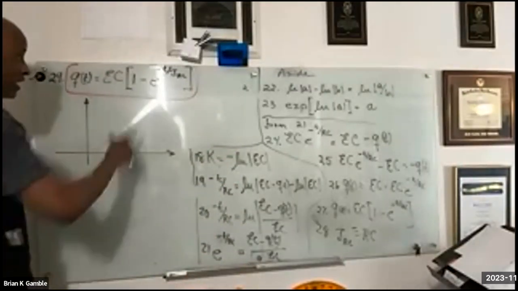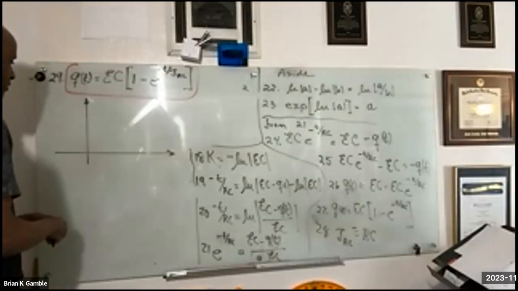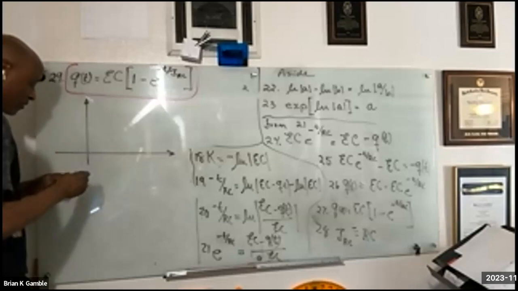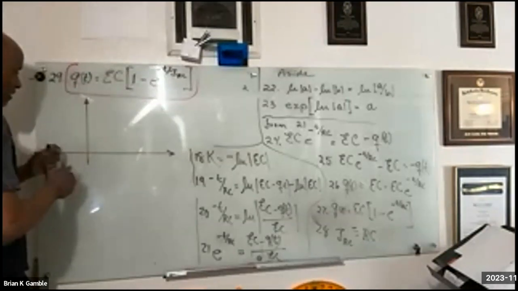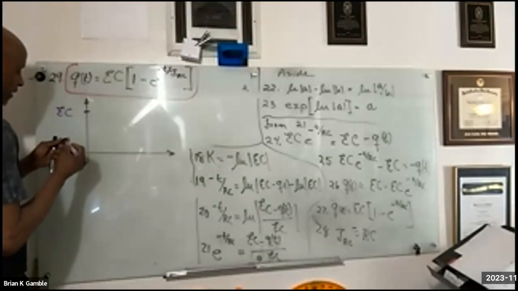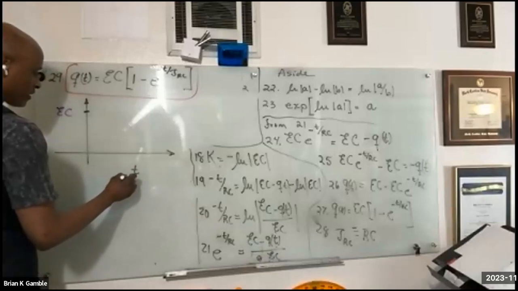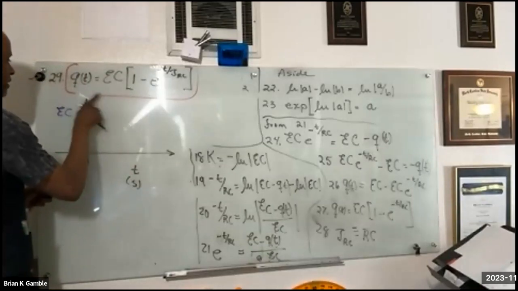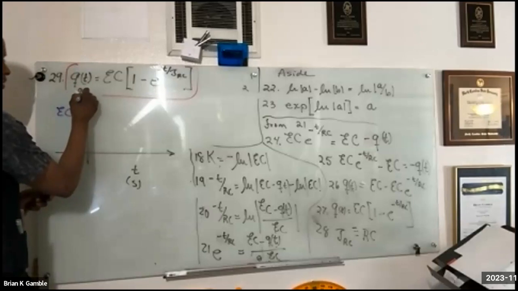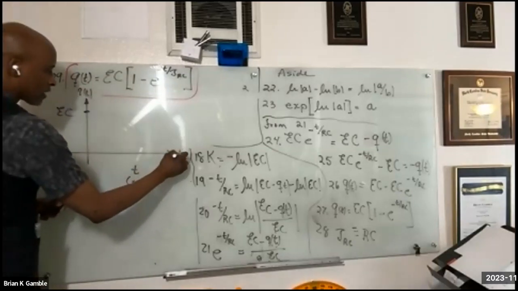But technically speaking, it doesn't do that until you get to infinity because of this exponential. So for example, if the maximum charge on the capacitor is this value, E times C, on my graph, that's this, EC. And by the way, this is time, so time is my independent variable in seconds. And this axis is the charge Q of t, and the units are coulombs.